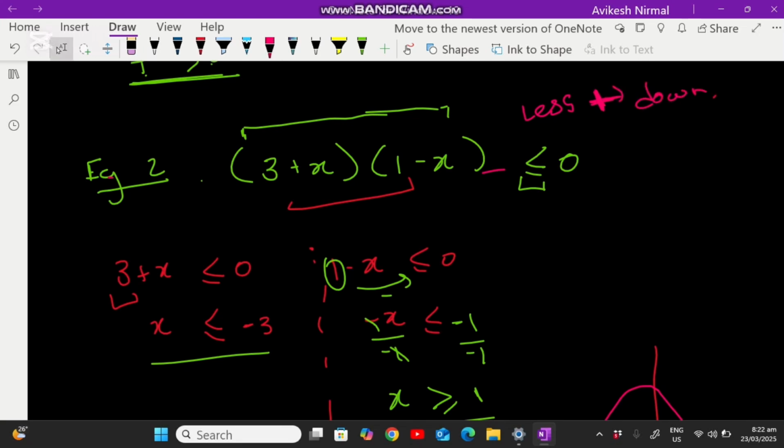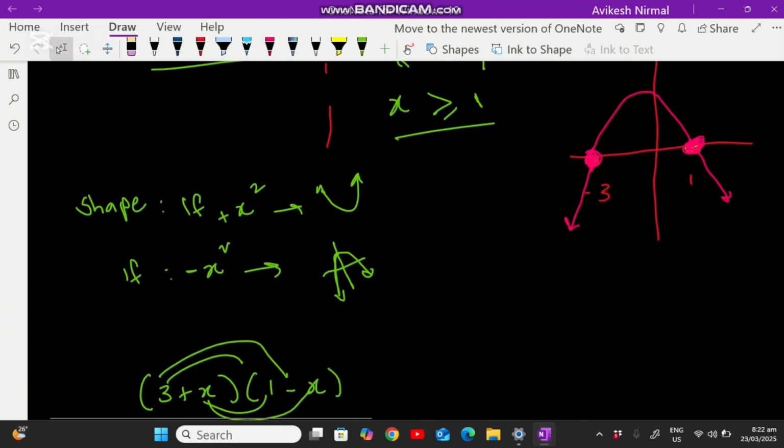Less than means shade down, so that means all the values less than -3 and all the values greater than 1. So I can write my domain as x is less than equal to -3 or x is greater than equal to positive 1.